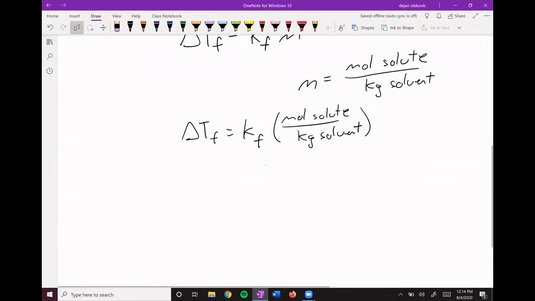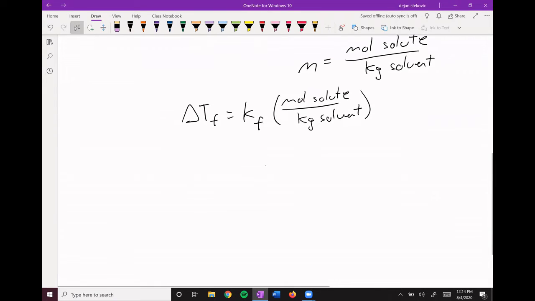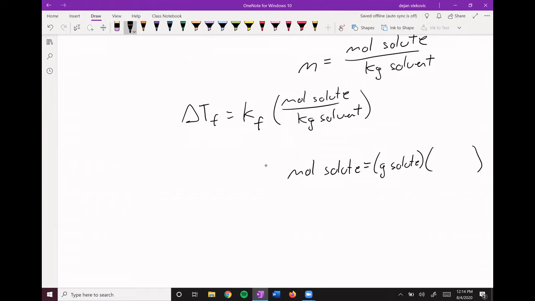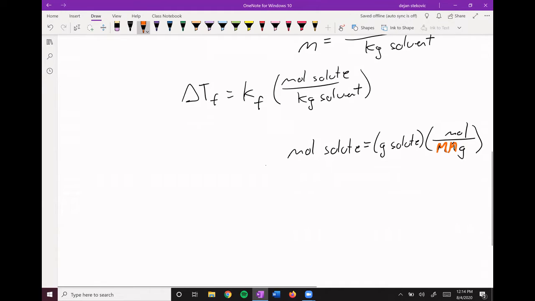And then another thing that we can do is rewrite our moles of solute as the grams of solute divided by the molar mass of the solute, right? So MM will be molar mass in units of grams per mole. And so you can see we have molar mass in here.